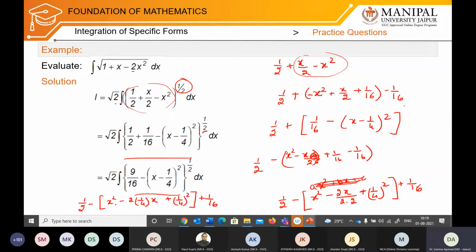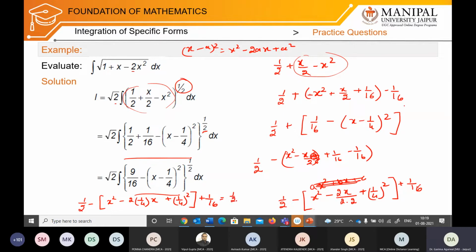Is that okay? Now this is x square minus 2ax plus a square, right? This is the expansion: x minus a whole square is x square minus 2ax plus a square. So in our question, a is 1 by 4, right?